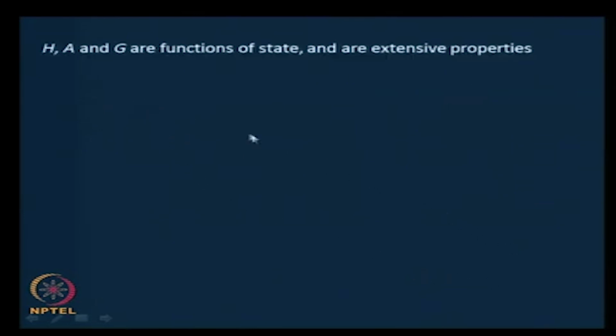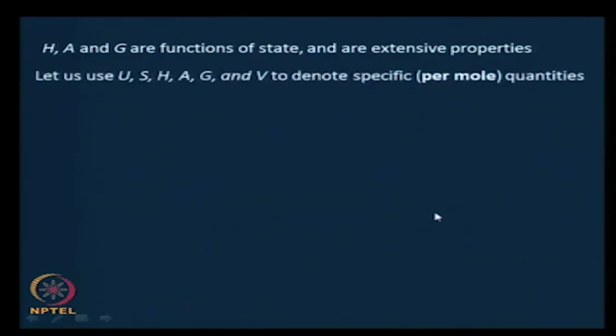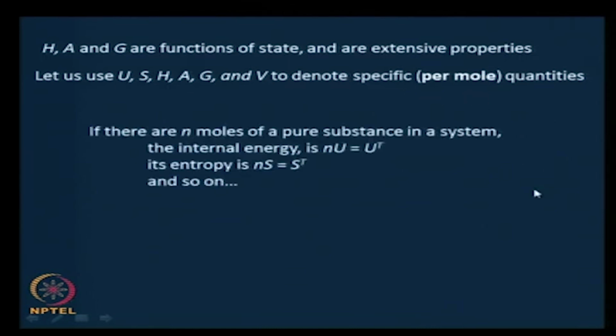We know that H, A and G, the additional functions, are functions of state, which means they depend only on the state of a system, not on the path taken to achieve state 2 from state 1. And also we said for terminology purposes, we will use the capitals U, S, H, A, G and V to denote specific or per mole quantities.